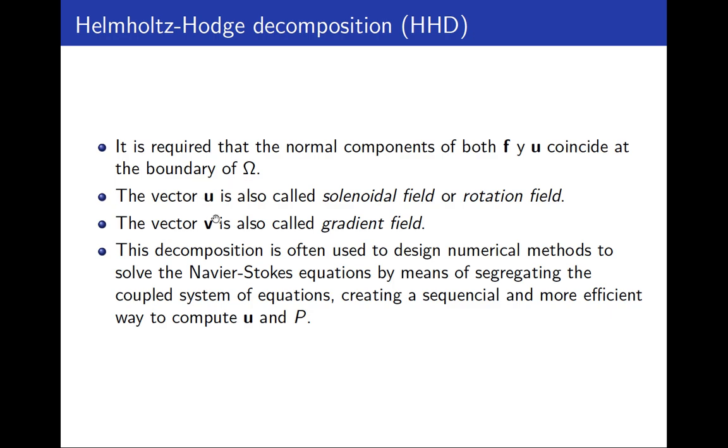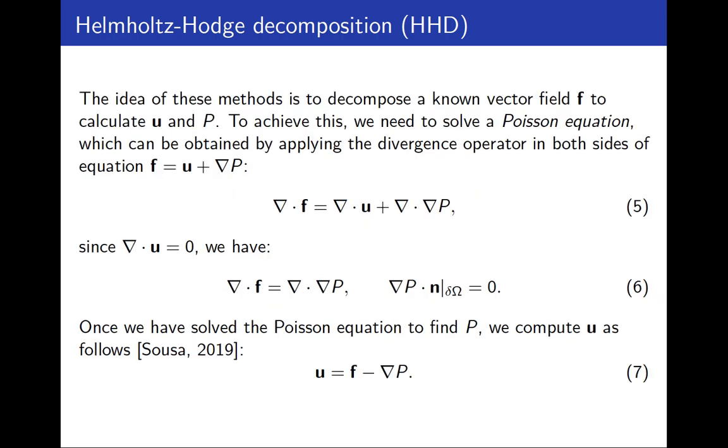Also, you can find in the literature that the vector U can be called a solenoidal field or rotation field, and the vector B is also called a gradient field. You will see that this decomposition is often used to design numerical methods to solve the Navier-Stokes equations, by segregating the coupled system of equations, creating a sequential and more efficient way to compute U and P. This will be clearer in a few slides.